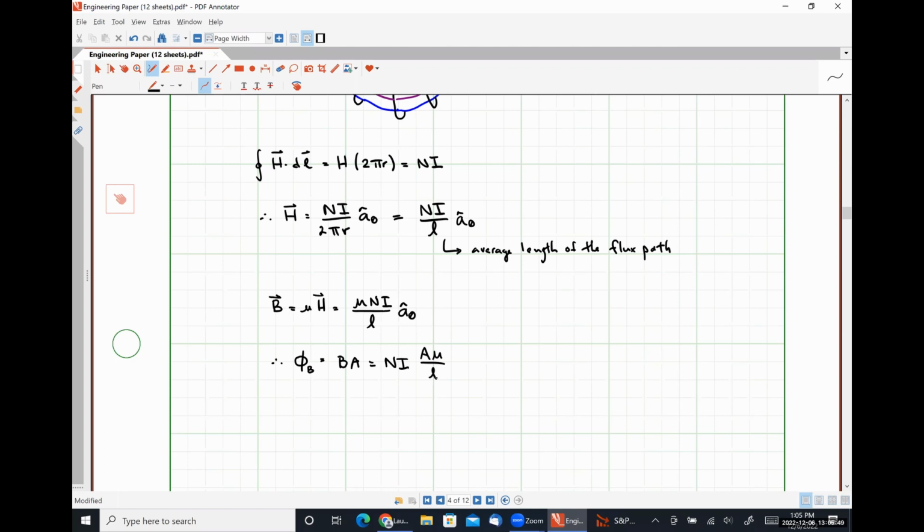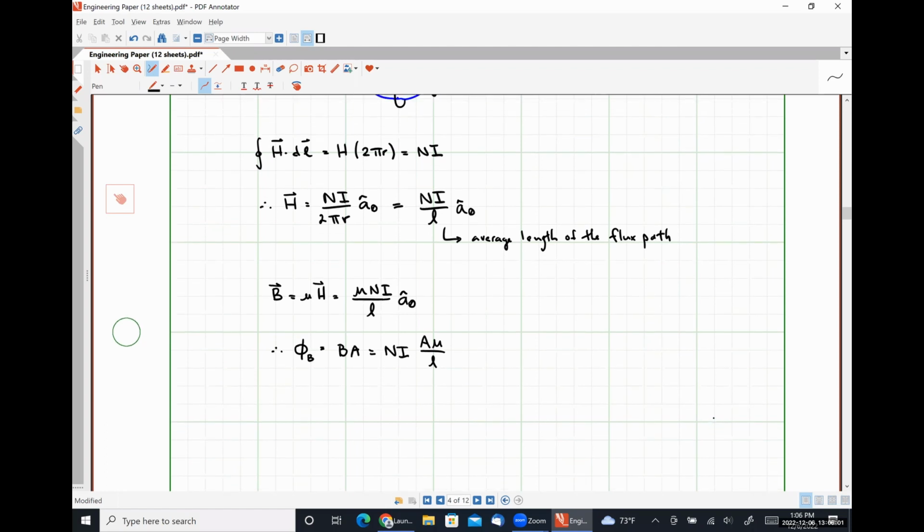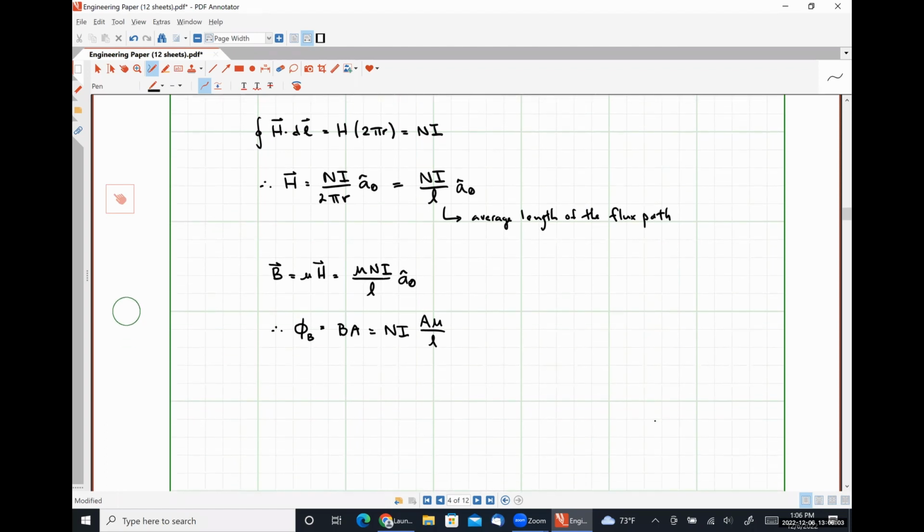And so this looks kind of like Ohm's law or a variation of Ohm's law, right? So if we consider Ni to be a magnetomotive force, analogous to voltage in a circuit, and our flux as a quantity analogous to current that's flowing around the core, we can develop an Ohm's law relationship.